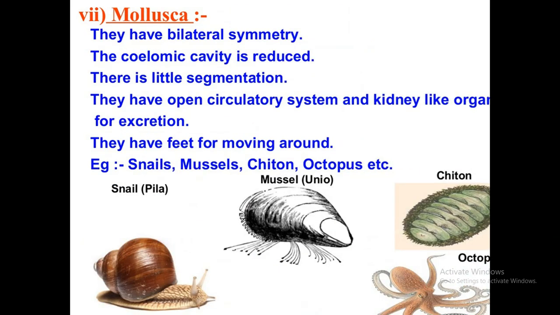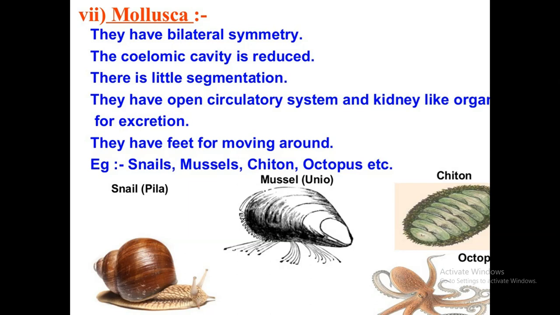Then comes the mollusks. Mollusca again have a bilateral symmetry, and in this coelomic cavity अभी तक बड़ी थी, and in the case of arthropoda it was filled with blood, but in mollusca the coelomic cavity gets reduced and the segmentation is also getting reduced. So the little segmentation is there, and the circulatory system is open type, और यहाँ से excretion के organs also started to develop.